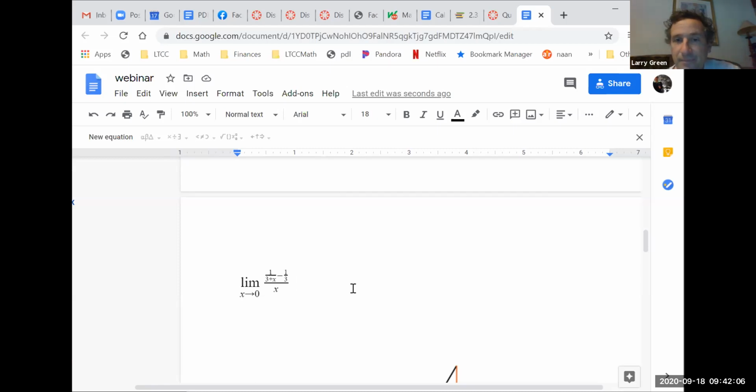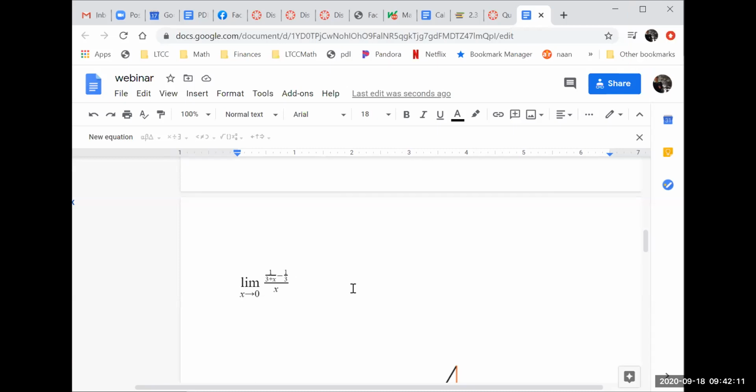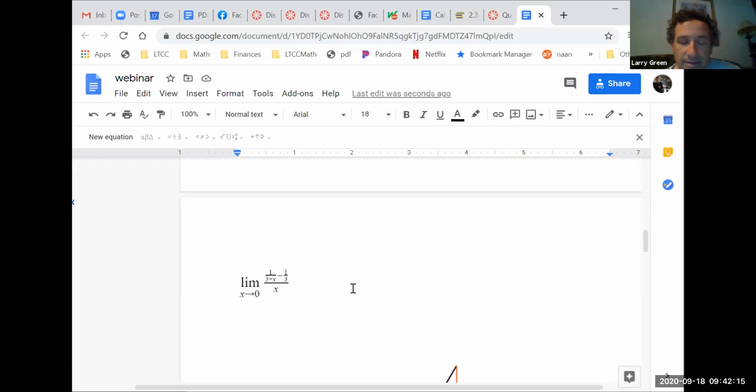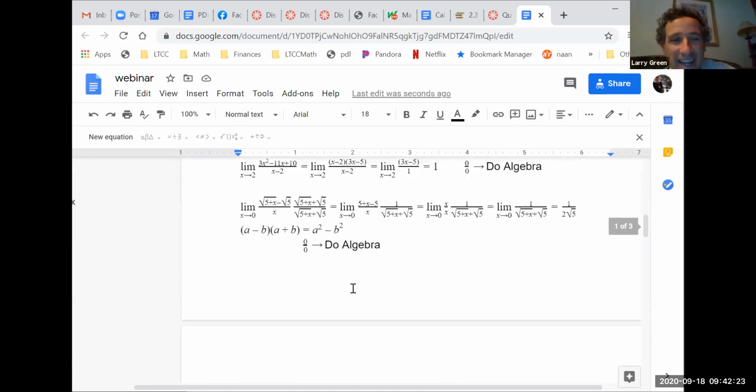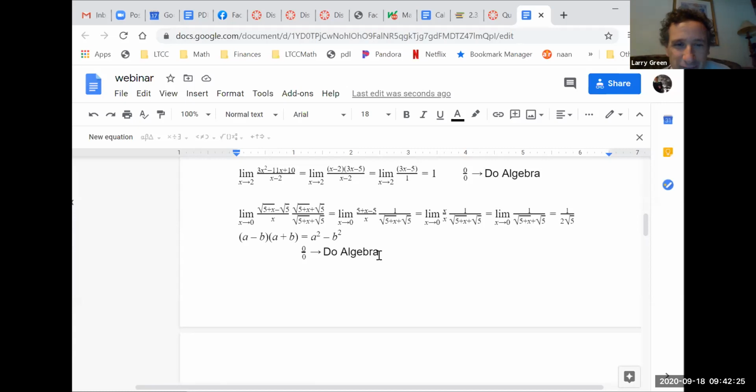What's the first step? Plug in. Yep, plug in. What do you get when you plug in? 0 over 0. Okay, so we get 0 over 0 again. 0 over 0 happens a lot. So I'm going to copy and paste this do algebra thing because that's what we're going to do again.